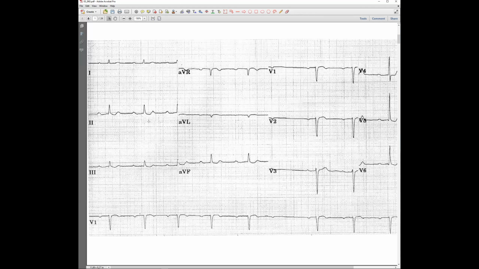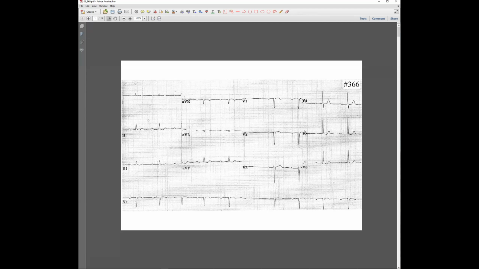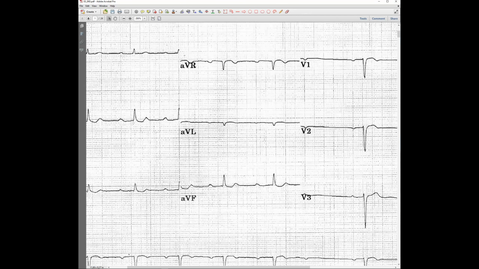Okay, next one. Do we have any pathological Q waves? No, we do not have it. Okay. Next one, ST segment. It's mostly isoelectric, but here we do have a little ST depression, as you see here in 2 and 3, a descending ST depression.